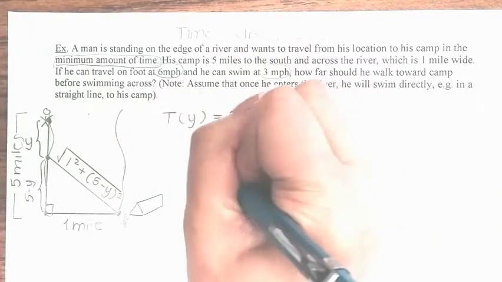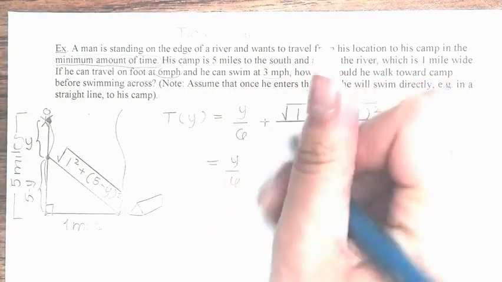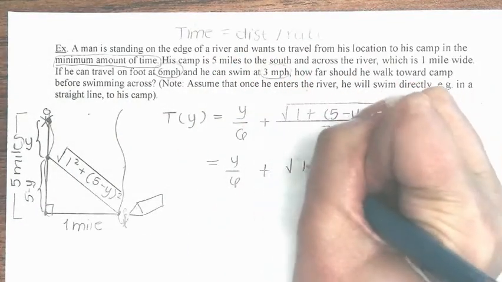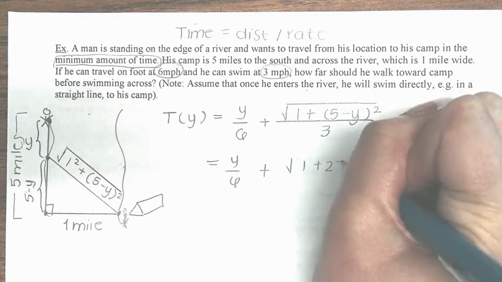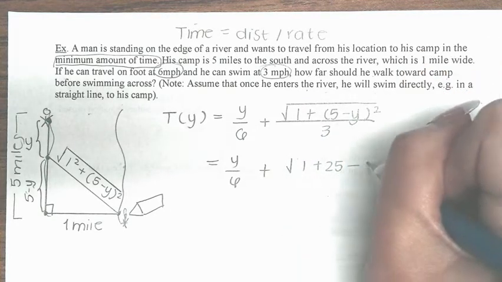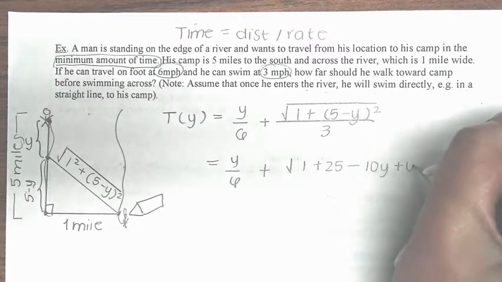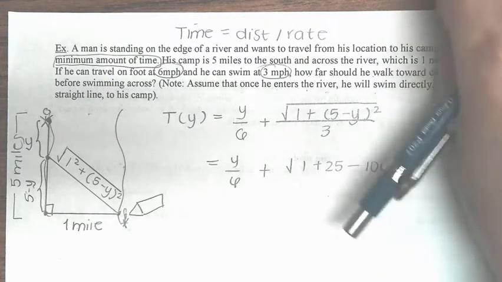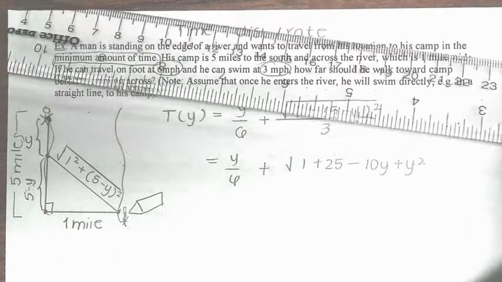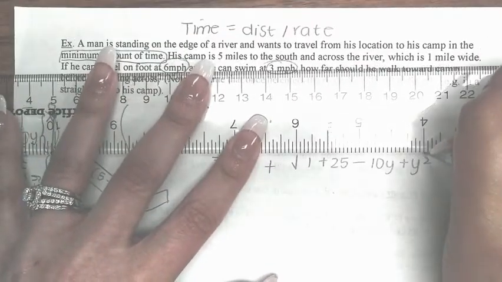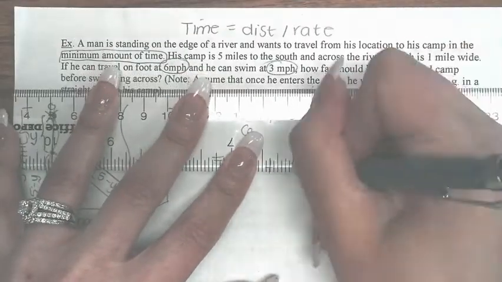Here I'm going to simplify my equation a little bit. You know that this is going to be 1 plus, and you know that it's 25 minus 10y plus y squared. Let me just do it like this, otherwise it's going to look like a mess.